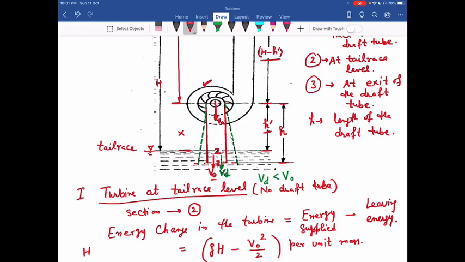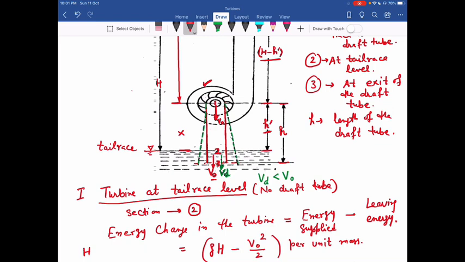And the second thing is the pressure at the outlet of the turbine does not remain atmospheric. It becomes negative. It becomes less than atmospheric by an amount equal to the height of draft tube. Okay, by an amount equal to the height of the draft tube.